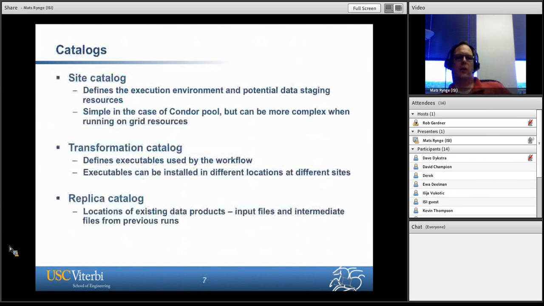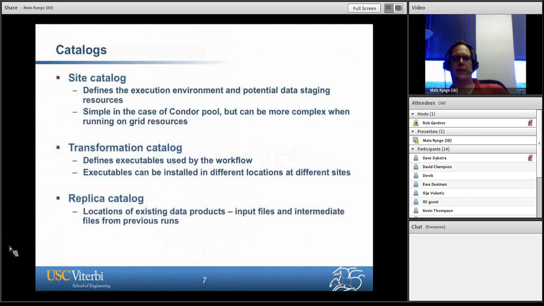So I said the abstract workflow is site independent, but there are catalogs that Pegasus needs that are site dependent. And there are three of those. There's a site catalog that defines the execution environment. The site catalog, depending on what resource you're running, could be simple or complex. In our case, we're running against a standard Condor pool. It's very simple. It's almost just a placeholder.